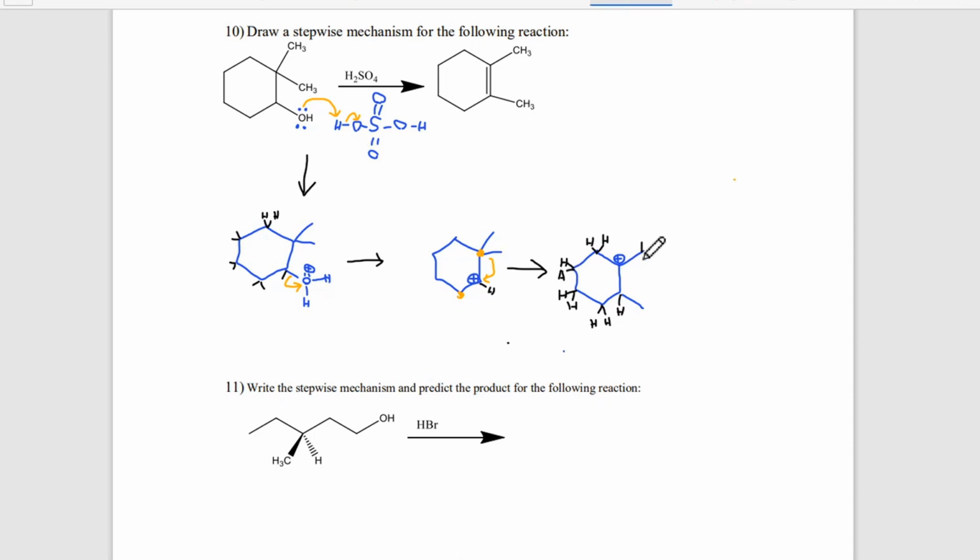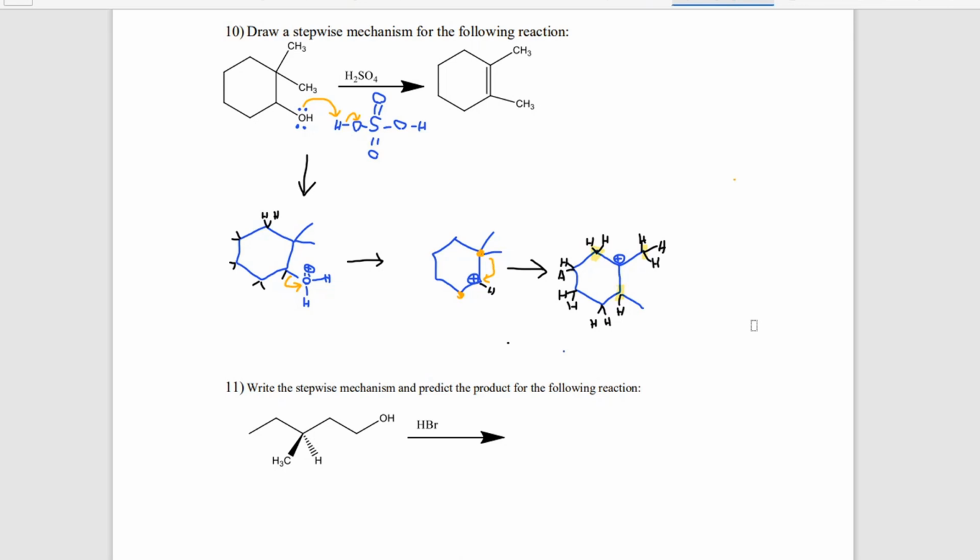So now I have a different group of beta hydrogens. So I can actually look at this, or this, or this. These are my 3 beta positions, beta to the carbocation, and I can choose which one I'm going to remove to give me the double bond.